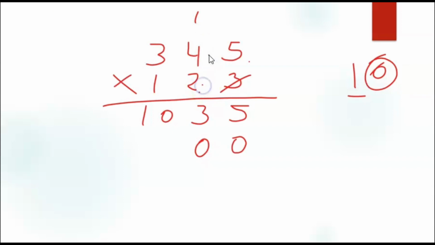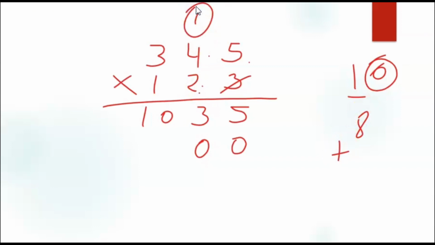Next, 2 times 4 equals 8, plus the 1 we have in our hand. So 8 plus 1 equals 9. We do not have any number for the carryover, so we're just going to put down this 9 over here. Next, 2 times 3 equals 6. That is it with number 2.